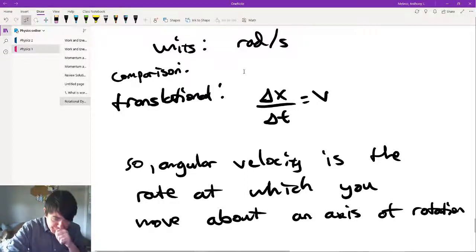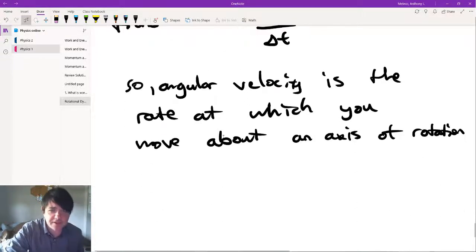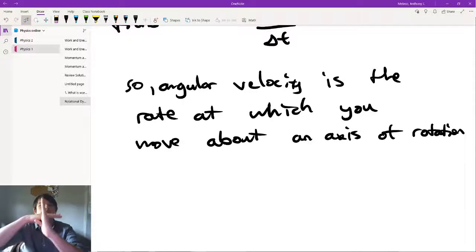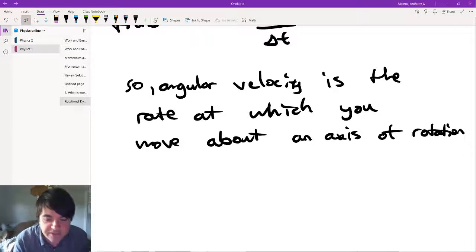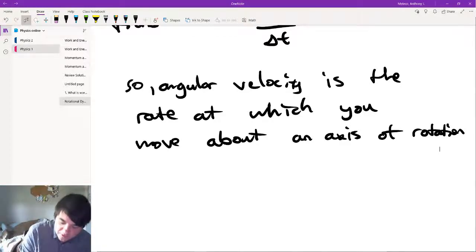Okay, just like the translational case where it's the rate of motion, right? And instead of comparing to a typical Cartesian system where we measure everything from a point of origin, we have an axis of rotation instead. Okay, so still an origin in a sense, we're just moving in a circle.